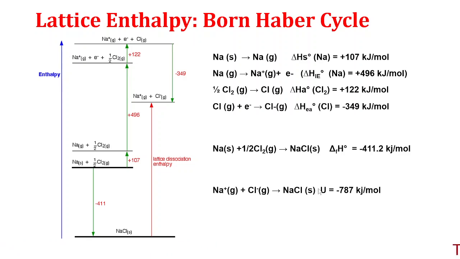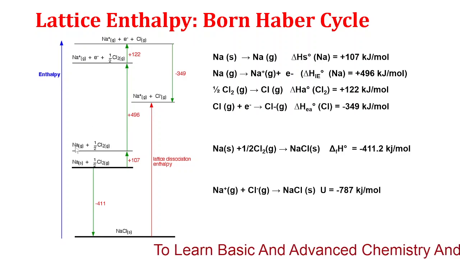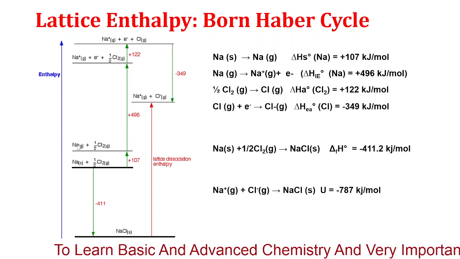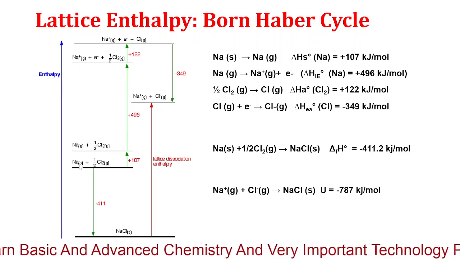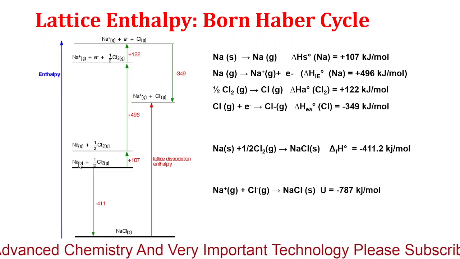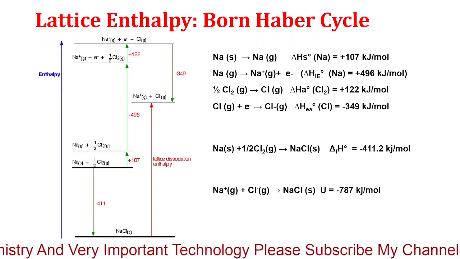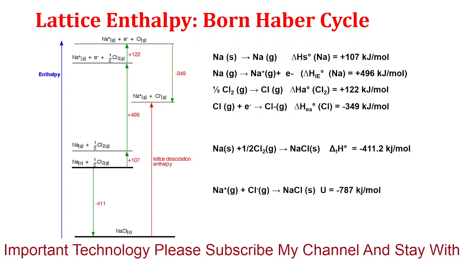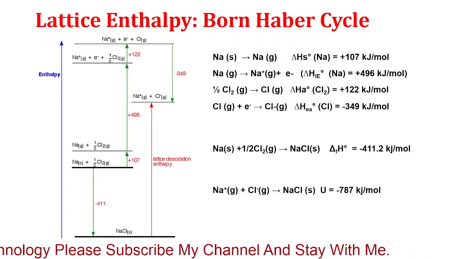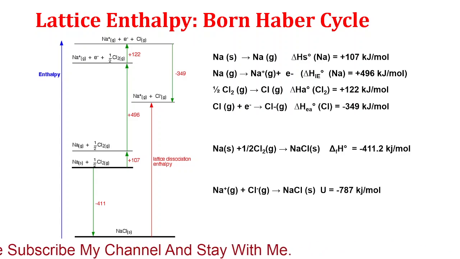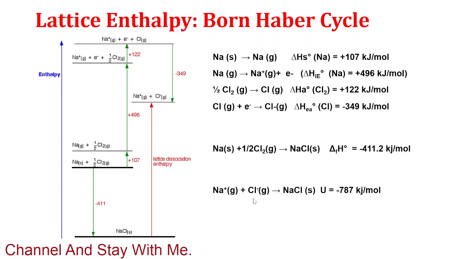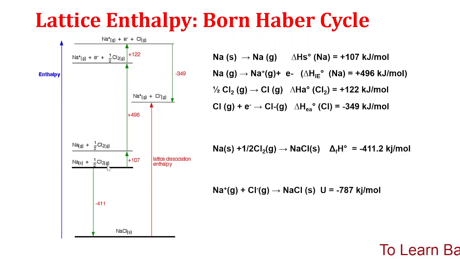We can calculate it this way. See here, normally we start from sodium solid. In the environment we can get sodium as a solid and chlorine as chlorine gas. Our target is to get Na+ and Cl- to get sodium chloride, so you need to go step by step.